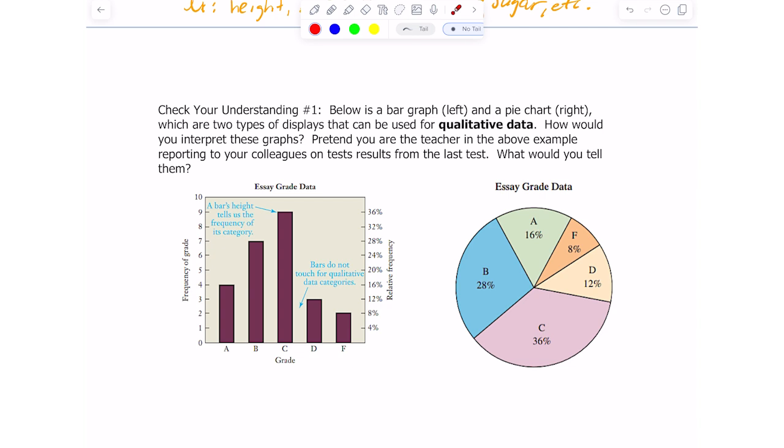Take a minute, pause the video, and jot something down, and tell us the big things that you see from this. So a big takeaway for the bar graph on the left is, something that stands out to me is that 36% of the students scored a C.